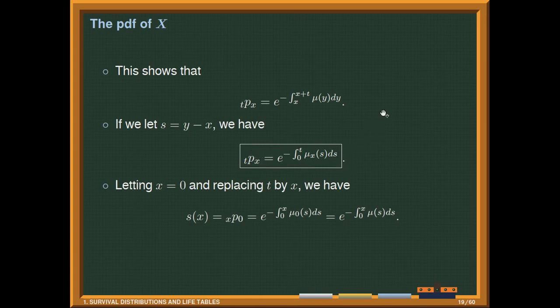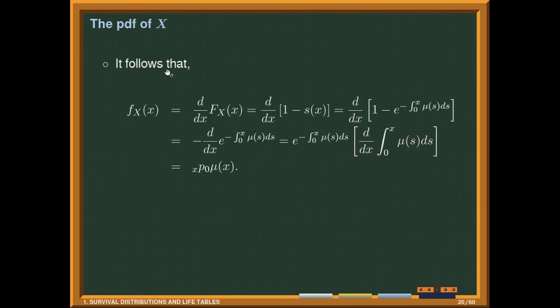So it follows now that if we want to get the PDF of x, we know that that's the same as the derivative of the CDF. That's the same as the derivative of 1 minus the survival function of x from the previous slide, so it should be the same as this. In performing the operations here, you get to this part, right?